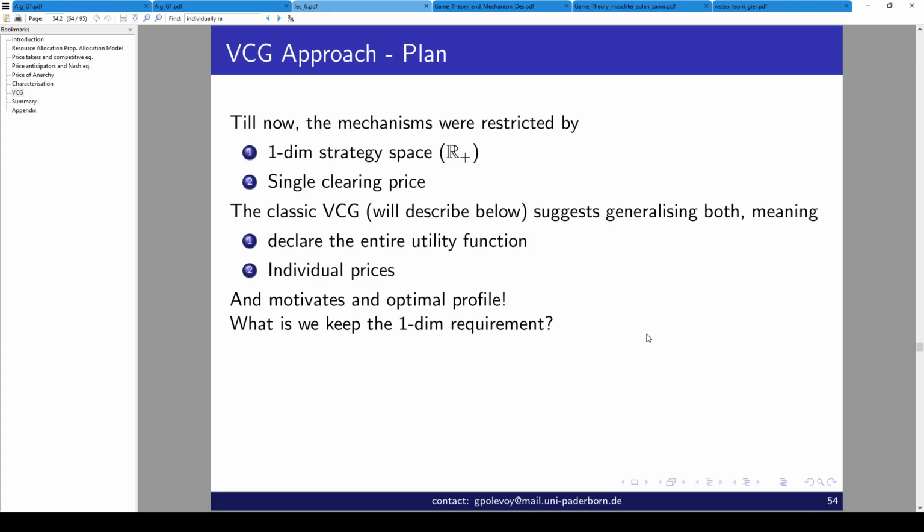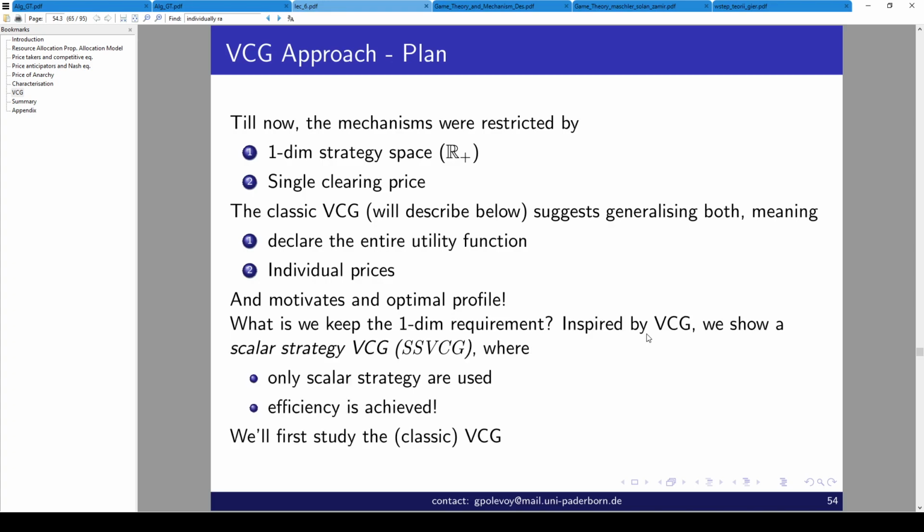One problem: it's too much to declare the entire utility function. So can we keep the requirement of one-dimensional mechanisms and still get the rest? So basically, in our case, not in general, in our case, inspired by VCG, we will show, we just need to show what the classical version of VCG is.